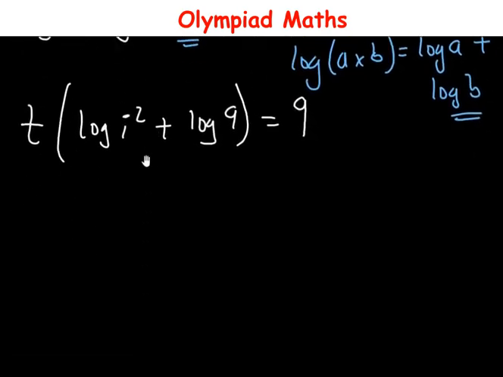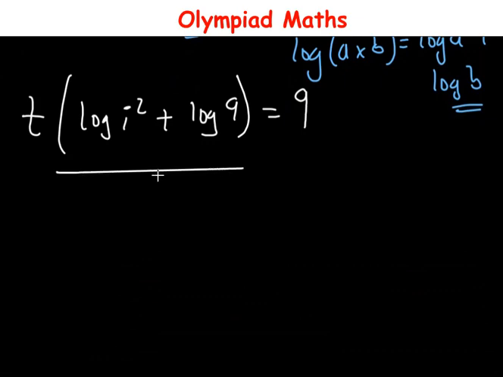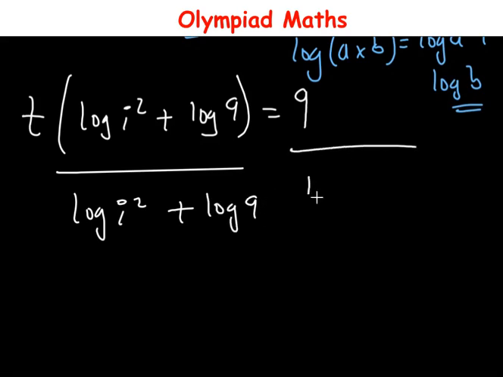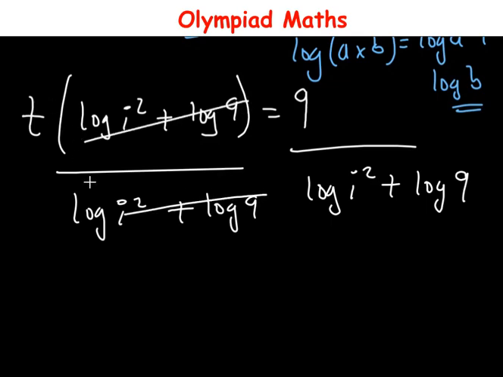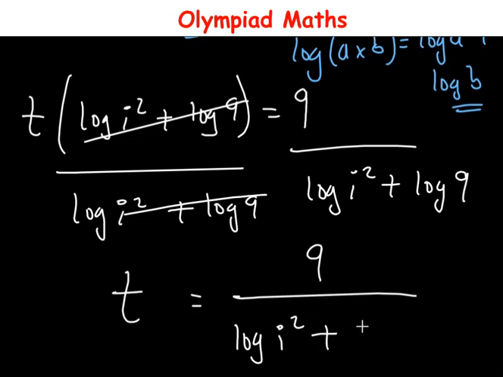So to solve for t, divide both sides by log i² + log 9. With this, we cancel out this, and all we have is t = log 9 over (log i² + log 9).